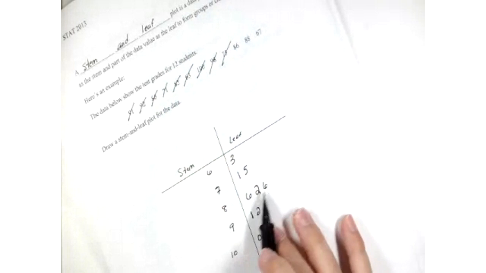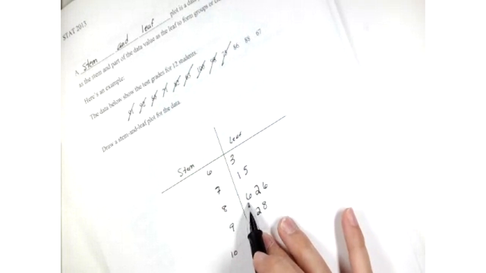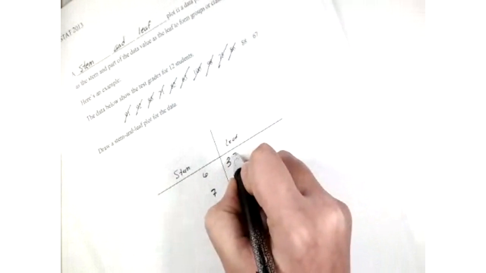86 again. Even though 86 occurs twice, you still have to write each 6. That way we know how many numbers are in the data set. If we did just put 1 six down, that means there's only 186 up here, and that's wrong. Then we have 88 and 67.